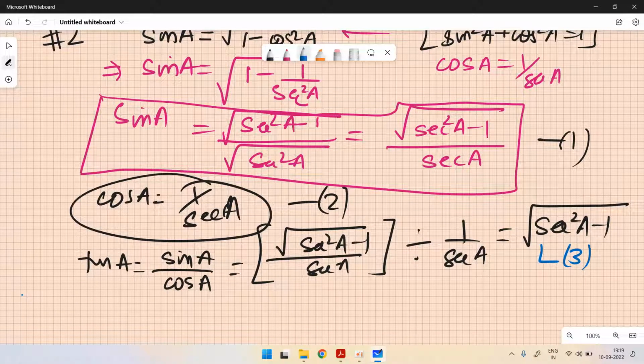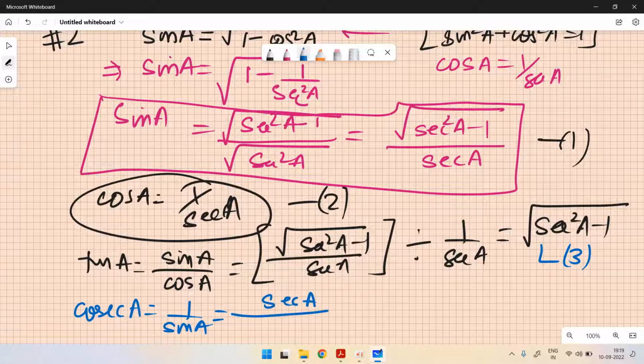Now next, after sine, cos, tan, is cosecant. Cosecant A, you already know, is 1 by sine A. So from 1 only, the inverse of this is nothing but secant A by under root of secant square A minus 1.